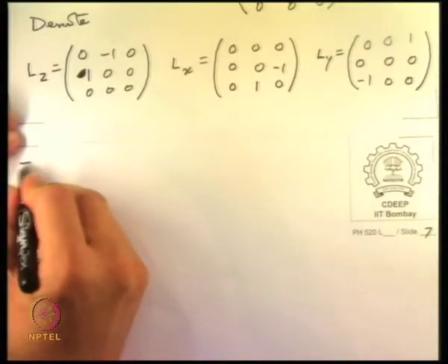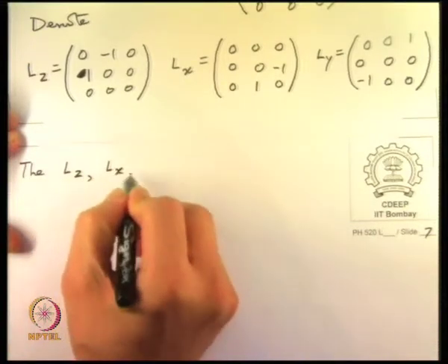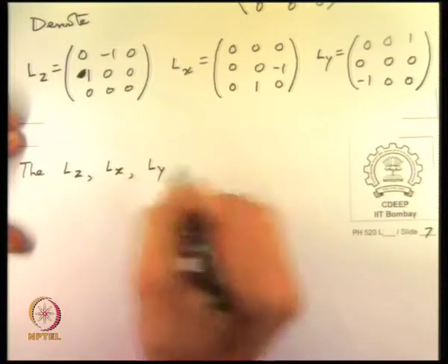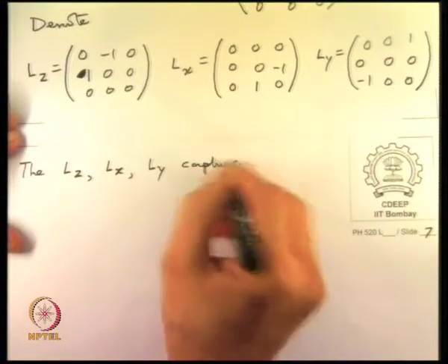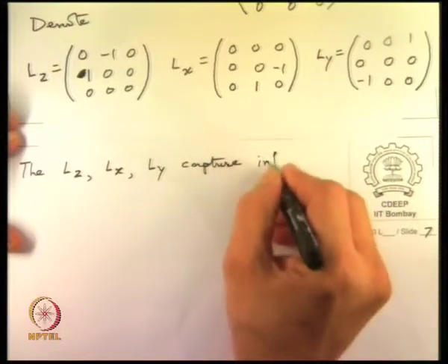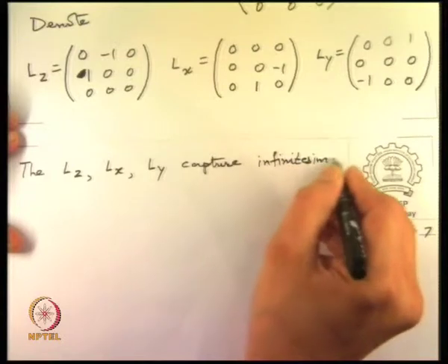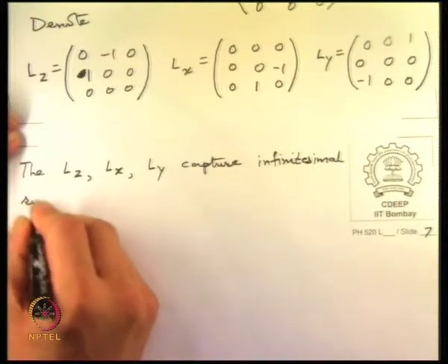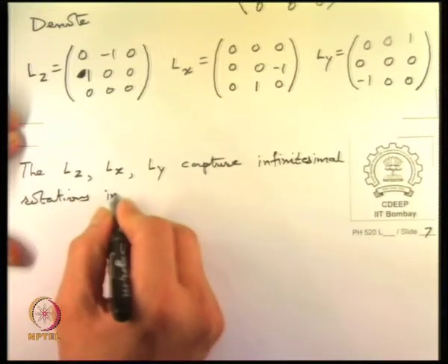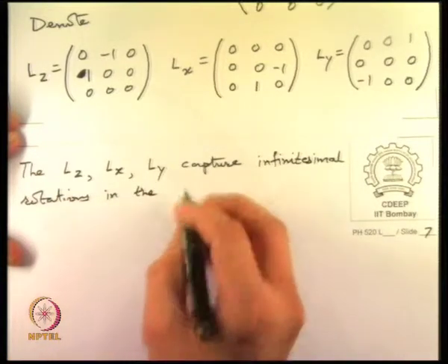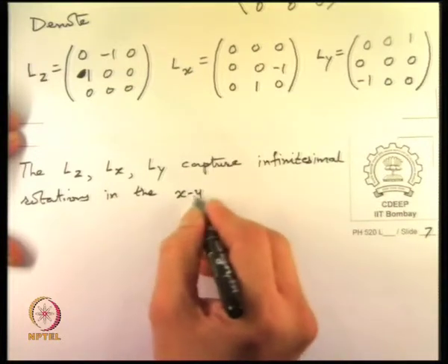The matrices capture infinitesimal rotations in the x, y, z. Here the order of these axes is important.